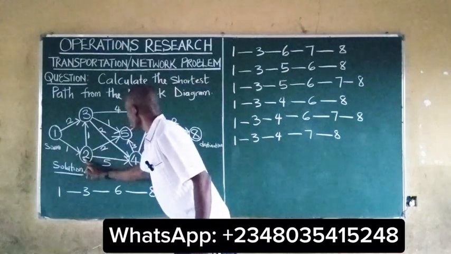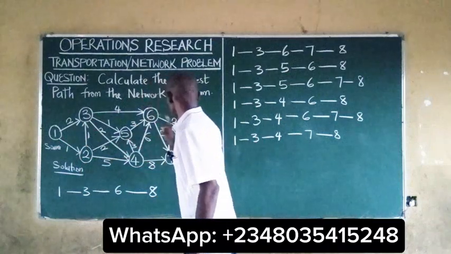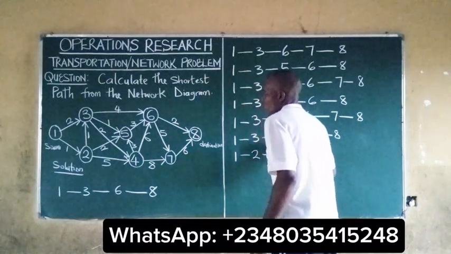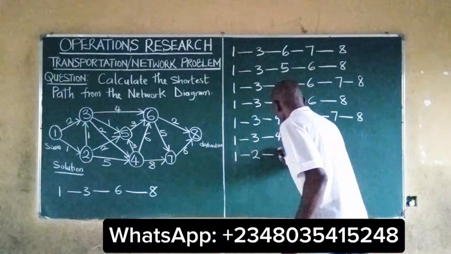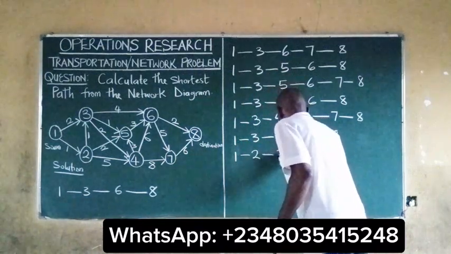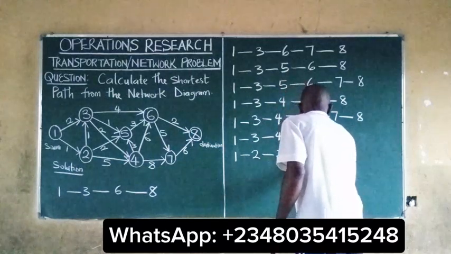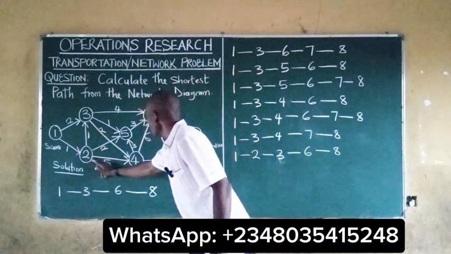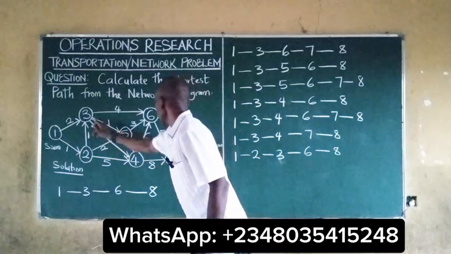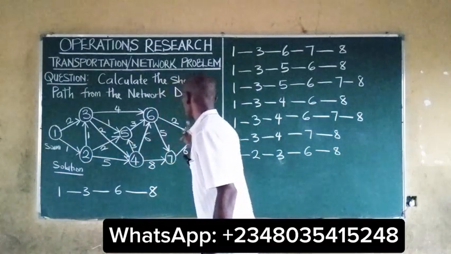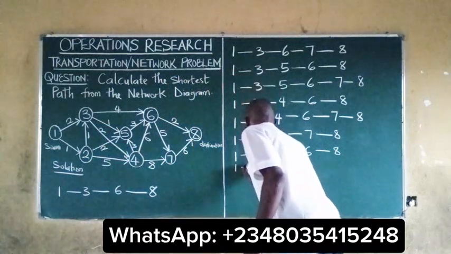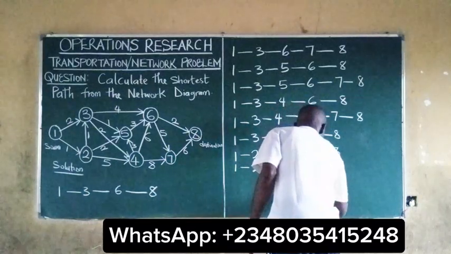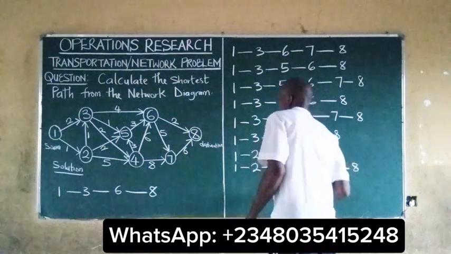We now go 12368. 1 2 3 6 8. Also 1 2 3 5 6 8.